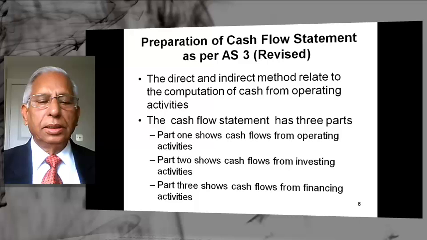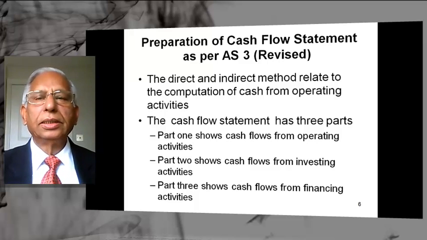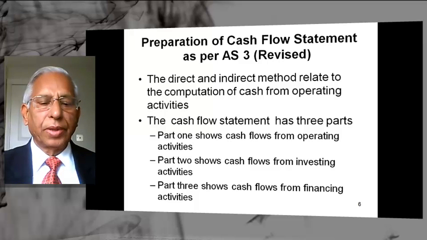Part 3 deals with cash flows from financing activities. So there are three segments of cash flow statement. In each segment, relevant cash flows both in and out are shown. However, cash outflows in each segment are written in the brackets to indicate that this is a minus figure.